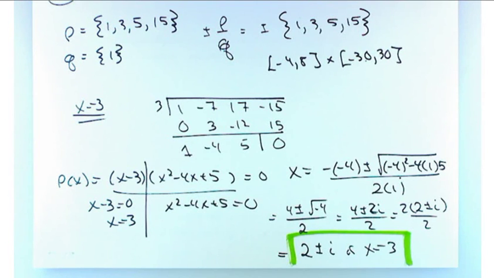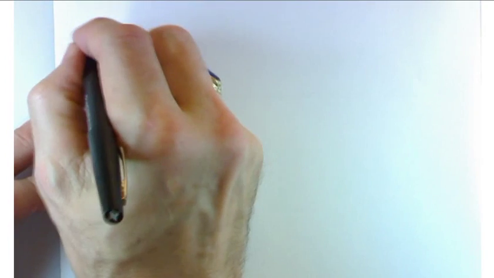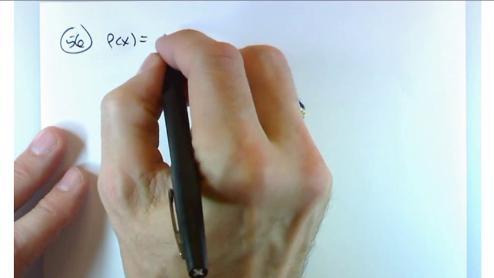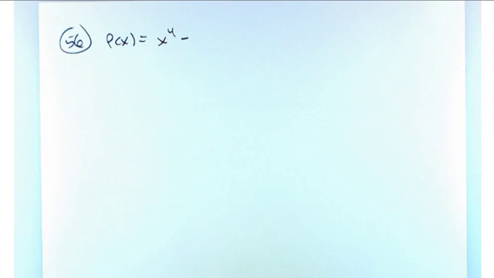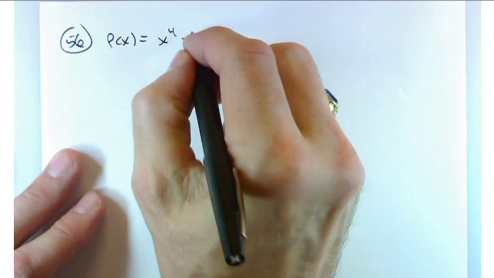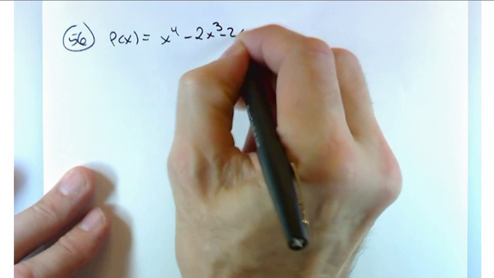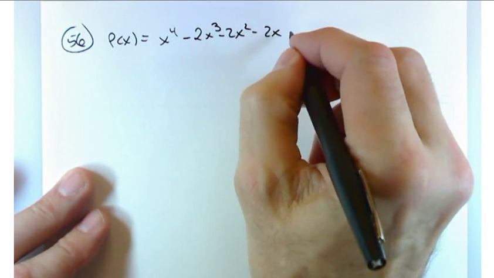So let's take a look at problem number 56. So P of x is x to the 4th, minus 2x cubed, minus 2x squared, minus 2x, minus 3.